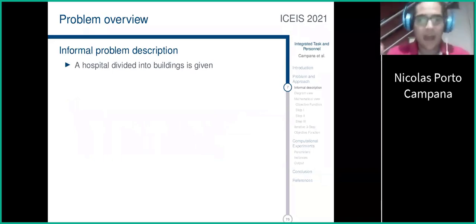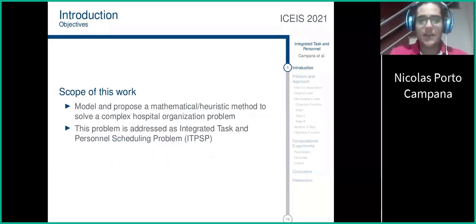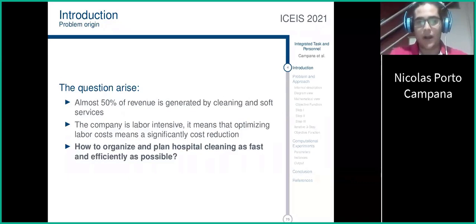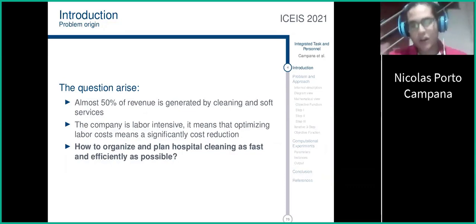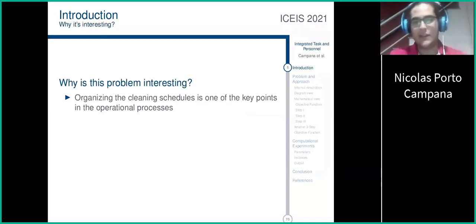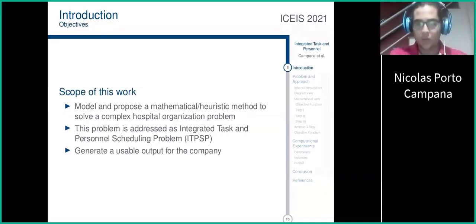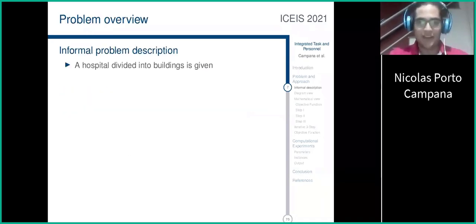So I will make an informal problem description because here, as already presented, our challenge is we have a hospital, and we need to clean the whole hospital with the demands provided by the company, the hospital. Okay, so we need to clean it all. And we'll show how we do this. It's not an easy task.